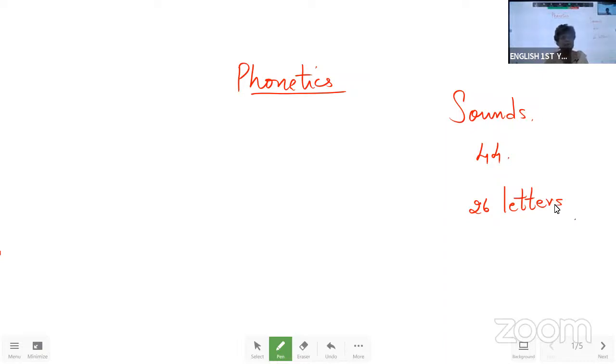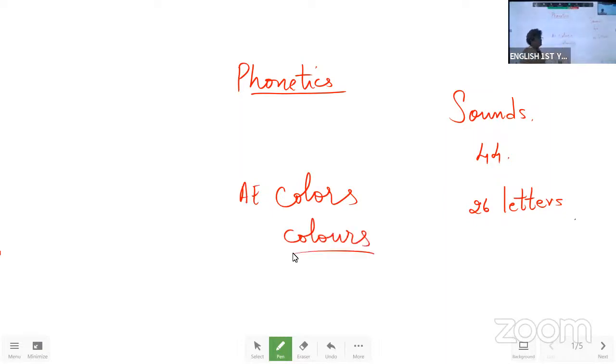The Americans pronounce what they see, like schedule is pronounced one way, while the British pronounce it differently. Even the word colors doesn't have U in American English, while British English writes U, which is silent.